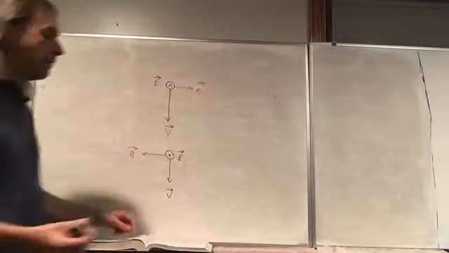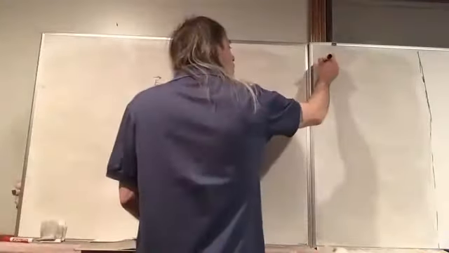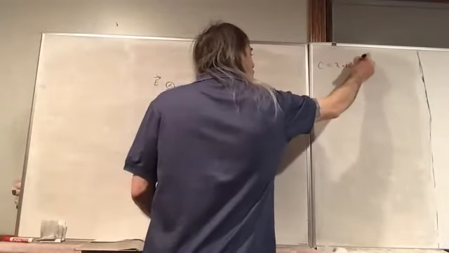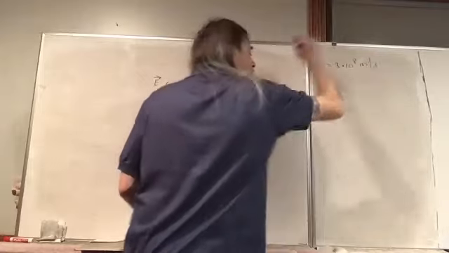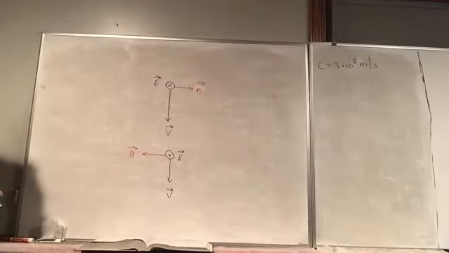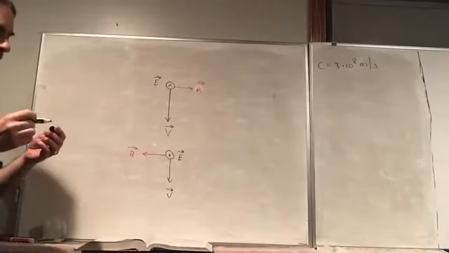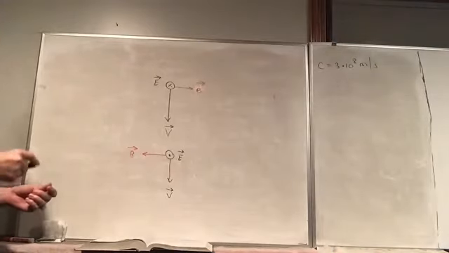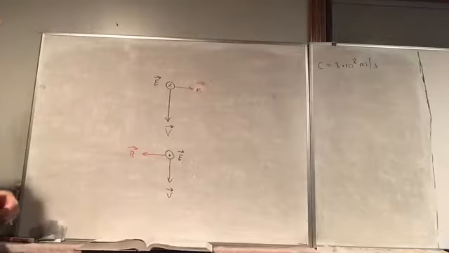Now, the speed of light we can just write as 3 times 10 to the 8th meters per second for pretty much every calculation that we do. It's actually an exact number, 299,792,458.